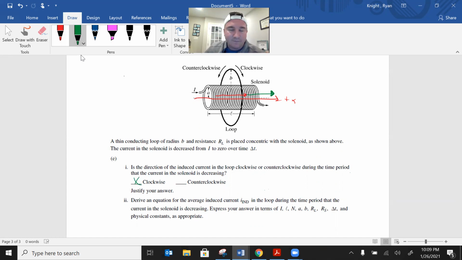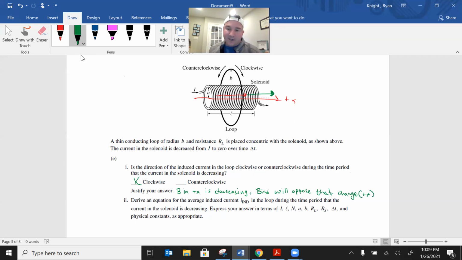Right, and justify, we just did. B in the positive x direction is decreasing. The induced B will oppose that change, which means it's going to be induced in the positive x direction.